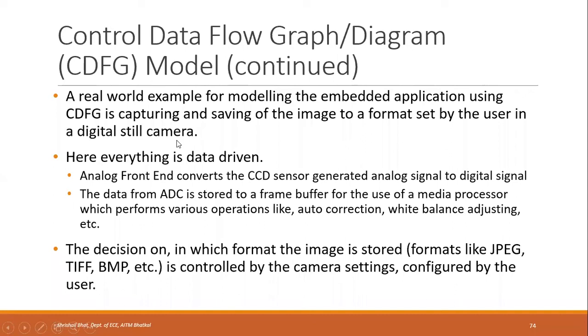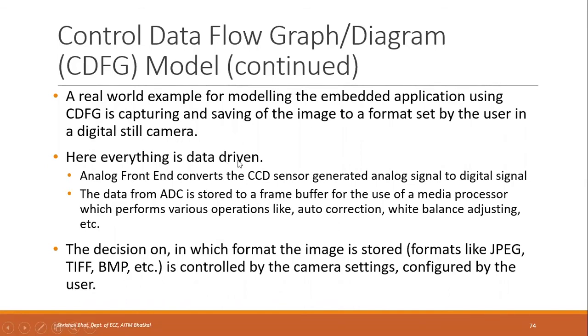Those formats are set by the user. If the user selects one particular option, or by default one option is selected, the image will be captured and saved in that format. If the user selects some other one, it will be processed and saved in that format. Whatever option the user selects, the image will be stored in that format.